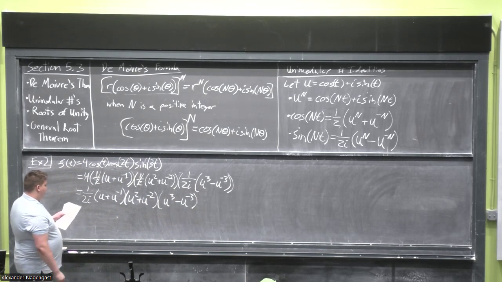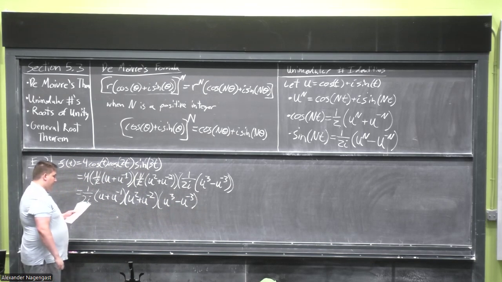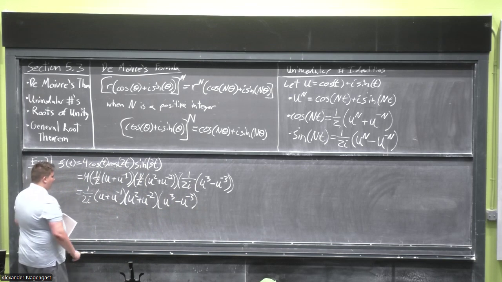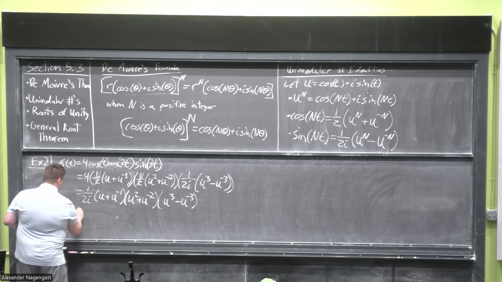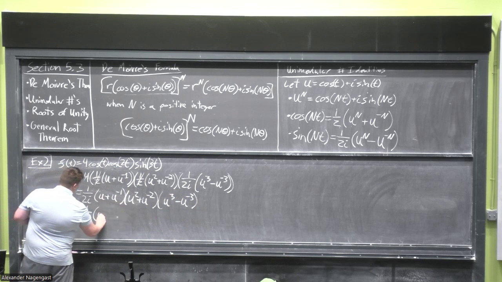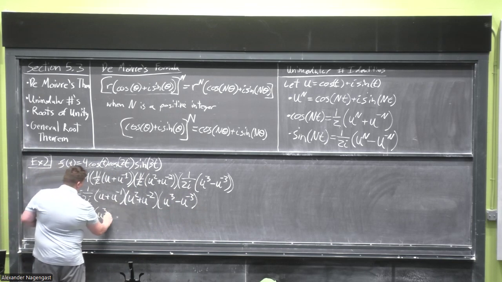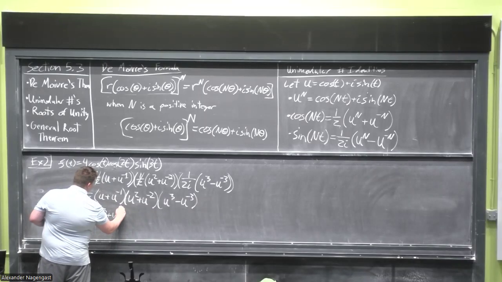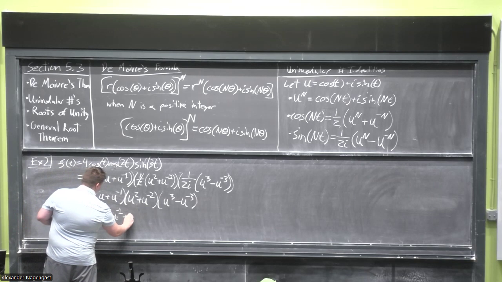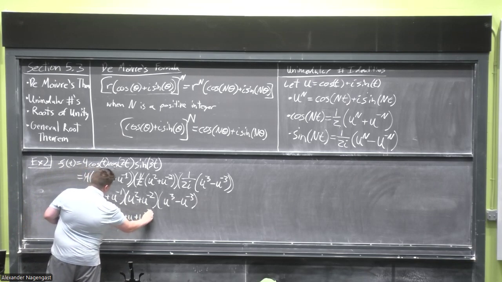And so now we can distribute. And when we distribute here, we'll get 1/2i still. Distributing, we have u to the third plus u to the negative first plus u to the first plus u to the negative third.